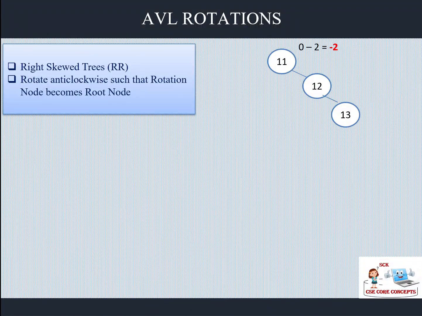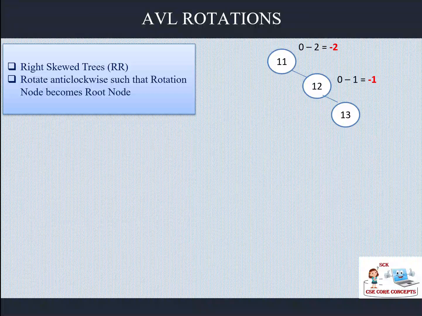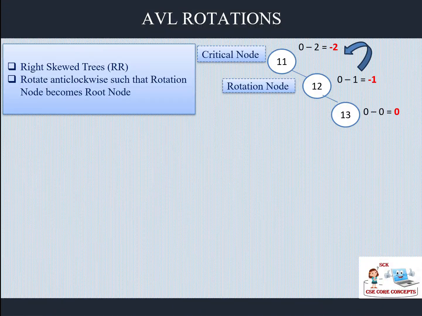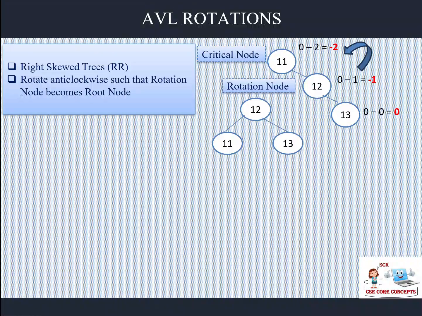So here you can see for 11, the left subtree height is 0, the right subtree height is 2, so the balancing factor is -2. So it is critical. For 12 it is no left but only one right, -1, and 13 is 0. So here the critical node is the 11th node. So whichever is the critical node, the next node becomes your rotation node. So you have to perform an anti-clockwise rotation from the rotation node.